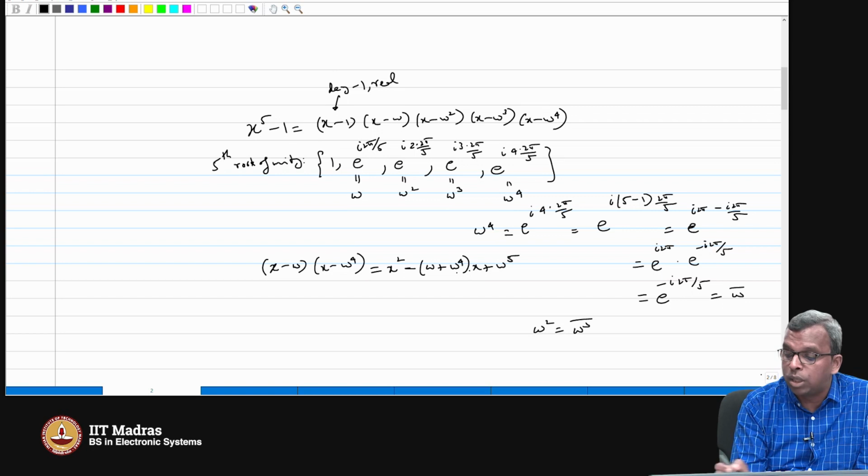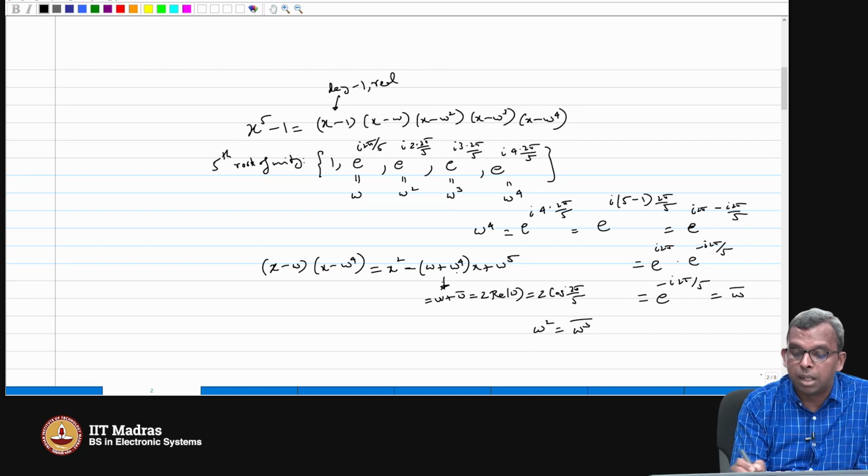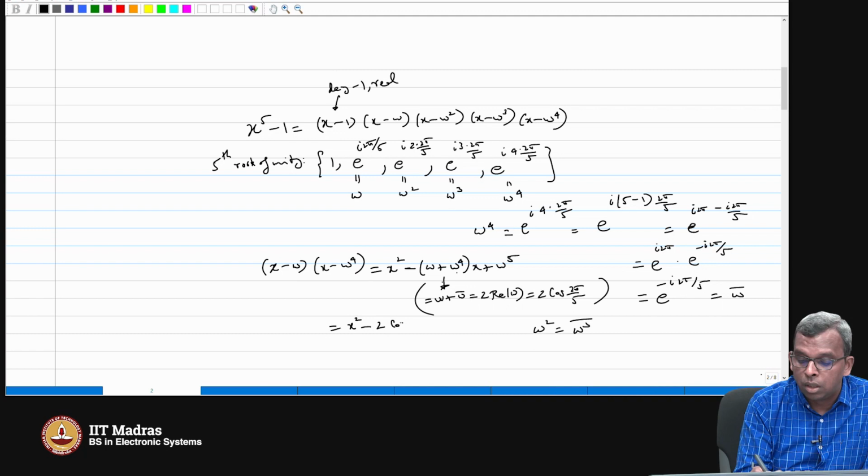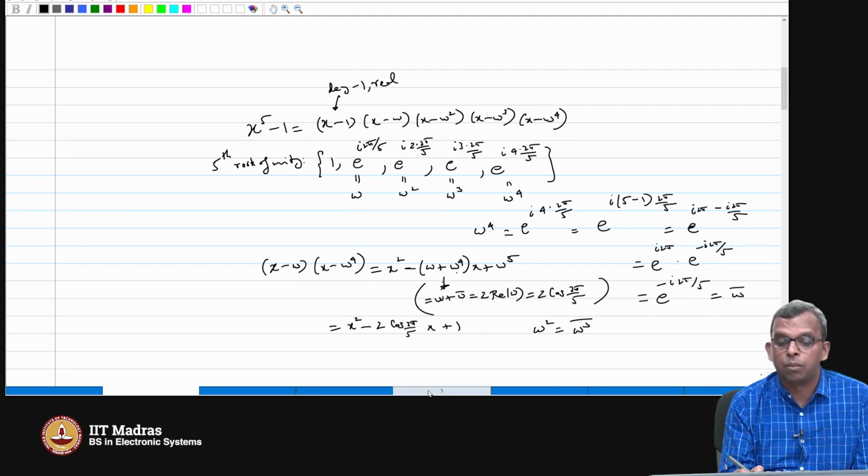Remember, omega power 4 is the conjugate of omega. So, this is equal to omega plus omega bar, which is 2 times the real part of omega. The real part of omega is cos 2 pi by 5, so it is clearly a real number. So, this product becomes x squared minus 2 cos 2 pi by 5 into x plus 1.